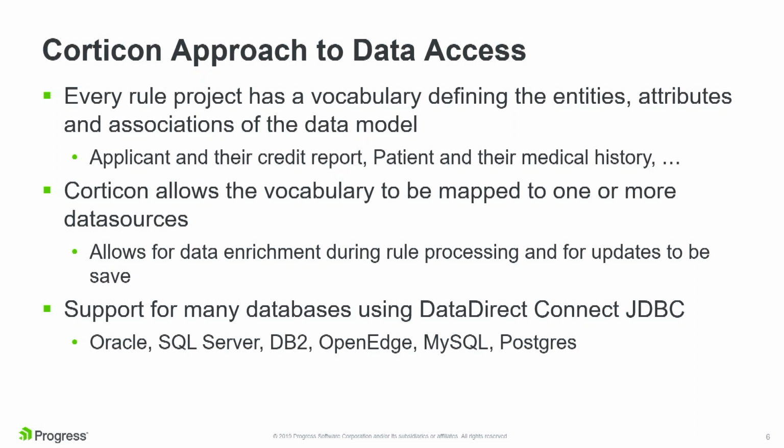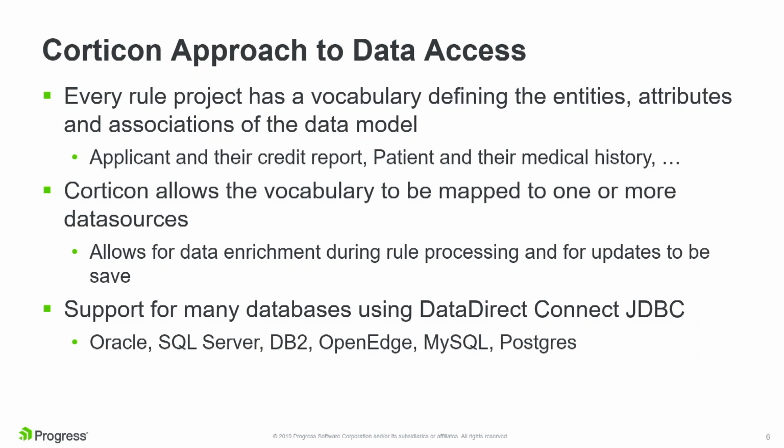It could be an applicant with their name, address, financial information, all the attributes that you would need to be able to process an applicant. It could be a patient with their medical history, the records you would need to make decisions about whether a certain treatment is covered, how it's covered, and what would be the next best course of action for a patient.